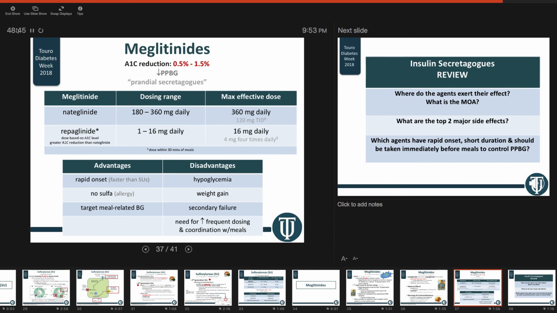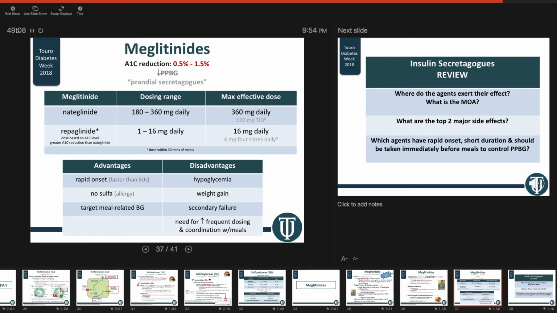So what are the advantages? Compared to sulfonylurea, meglitinides have a faster onset of action. We don't need to worry about sulfa allergy, and they specifically target meal blood glucose.